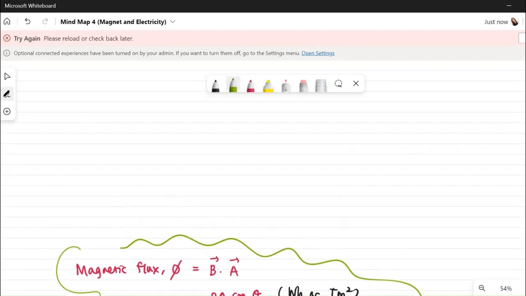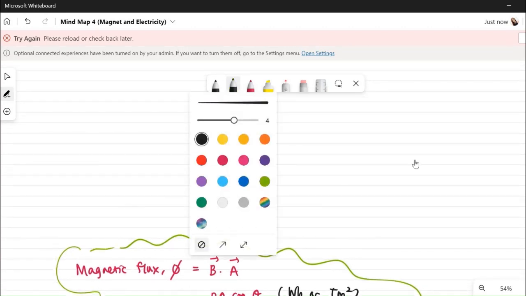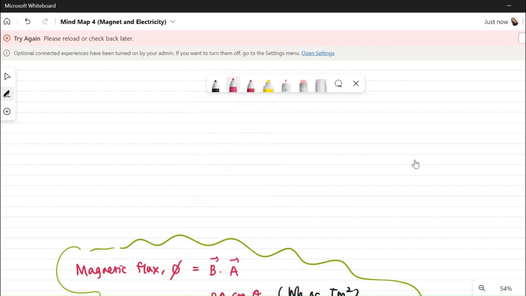Why do we need to know about magnetic flux? We are going to look at a law called Faraday's law. According to Faraday's law, the magnitude of the EMF induced is equal to the rate of change of magnetic flux.